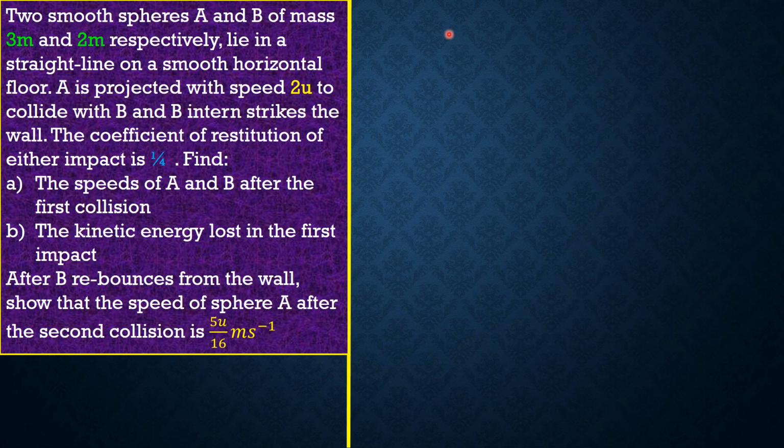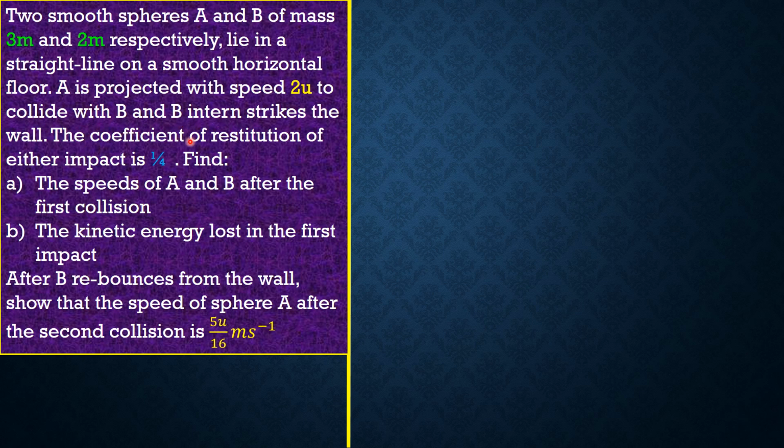Okay friends, as you can see, the question reads that two smooth spheres A and B of mass 3m and 2m respectively lie in a straight line on a smooth horizontal floor. A is projected with speed 2u to collide with B, and B in turn strikes the wall.